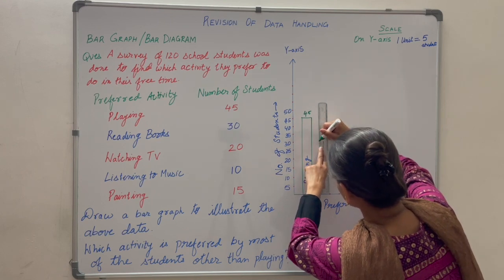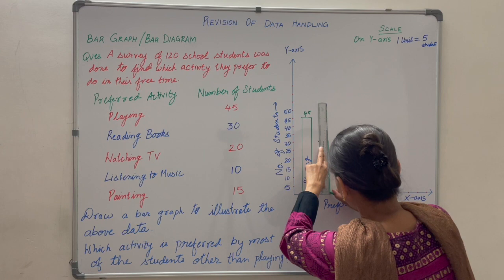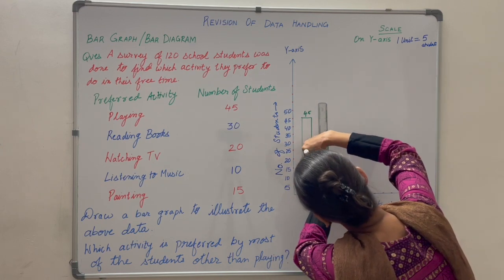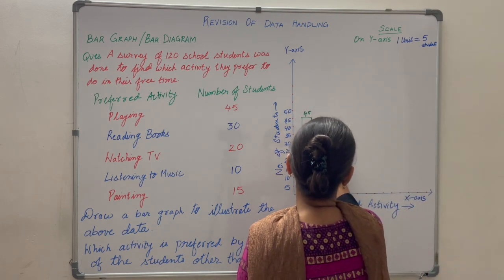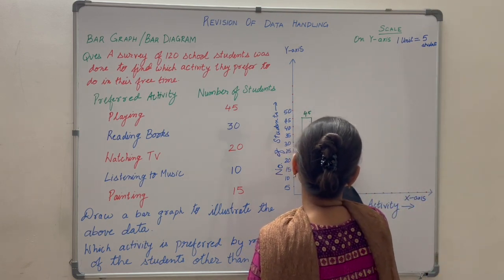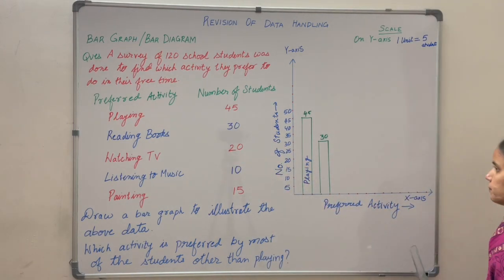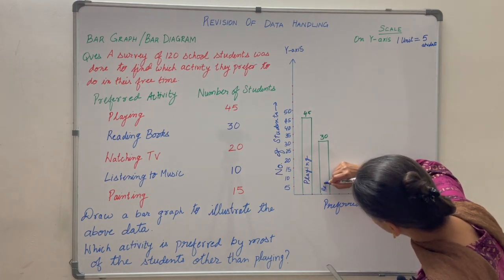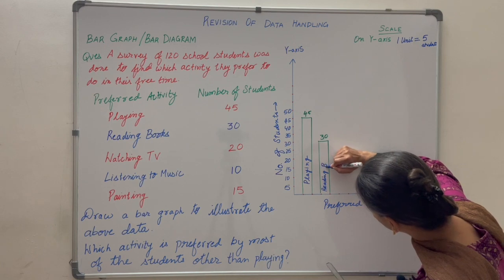So this is your 30. Thirty is for reading books. I'll write down reading books.